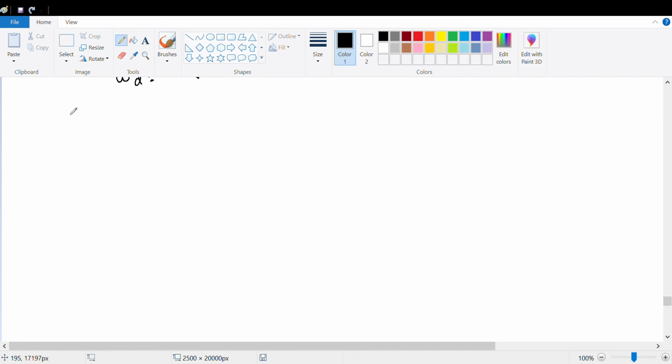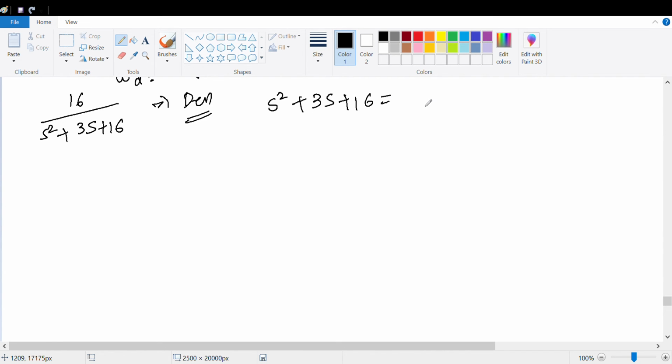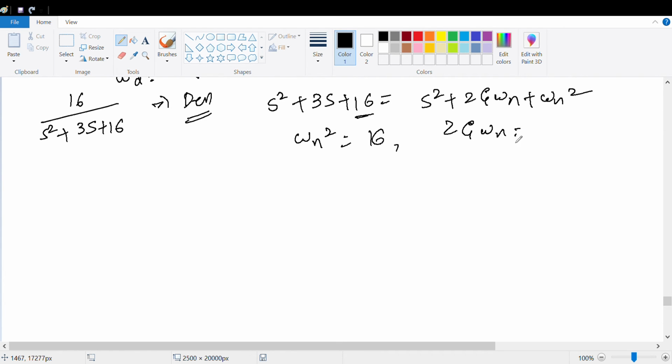So now the question is 16 by s square plus 3s plus 16. Take the denominator: s square plus 3s plus 16 equals s square plus 2 zeta omega n s plus omega n square. If you equate these two, we get omega n square equal to 16 and 2 zeta omega n equal to 3.